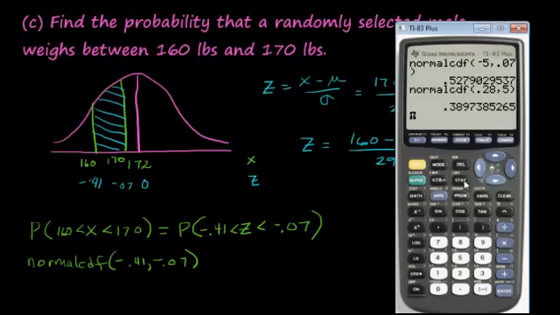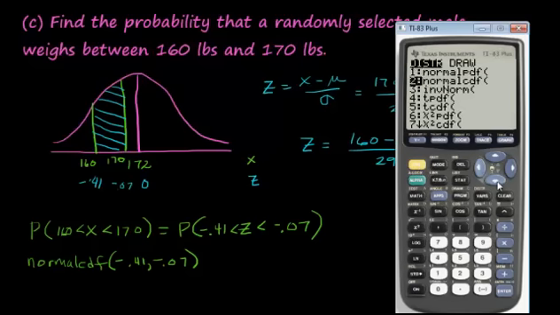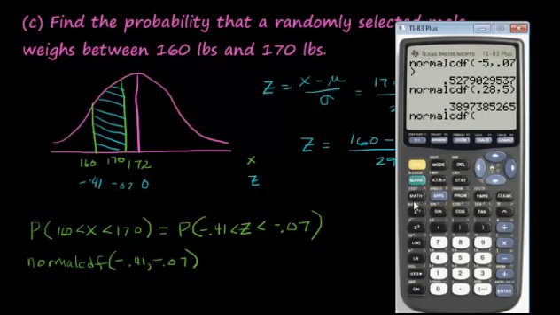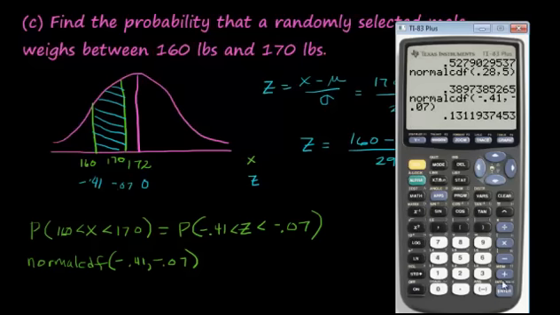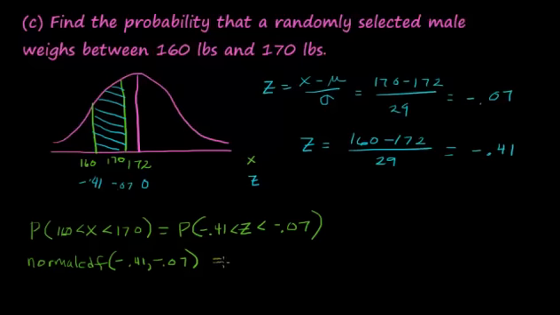Okay, go to the second function, normal CDF, and this time I'm putting in negative 0.41, comma, negative 0.07. We said this should be less than 0.5, and it's significantly less than 0.5. 0.13119, rounding to 4, that says I'm going to round this 1 up to a 2. 0.1312. Okay?